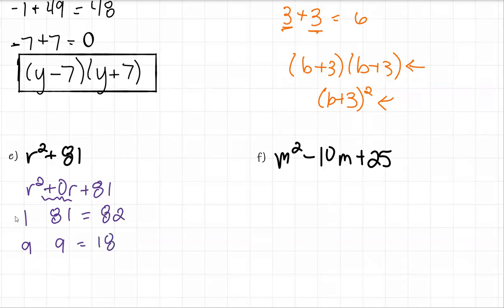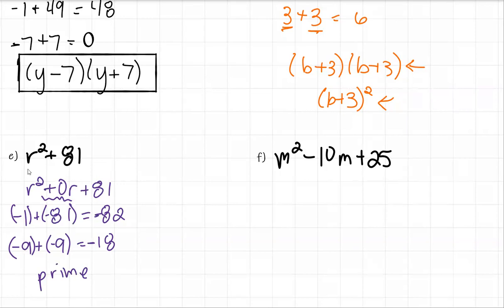And if I stuck negatives in front of each one, and I did -9 plus -9 and -1 plus -81, well, that only changes the sign of the result. It doesn't ever give us 0. So then this is another one that cannot be factored, or as we called it, prime.